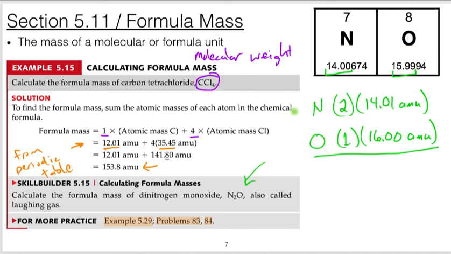Anyway, my recommendation, preference, is to go to 2 decimal places for all of these masses. So 14.01 times 2, well, that's 28.02 plus the 16, 44.02 AMU. And for this chapter, that's as much as we're going to do with this data.